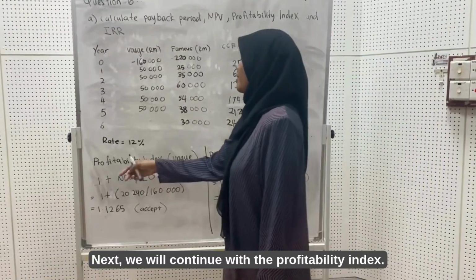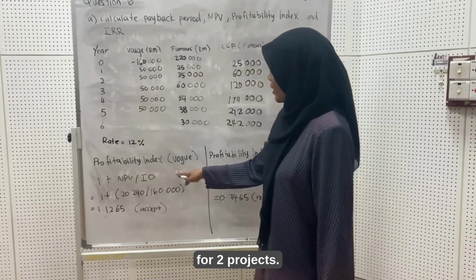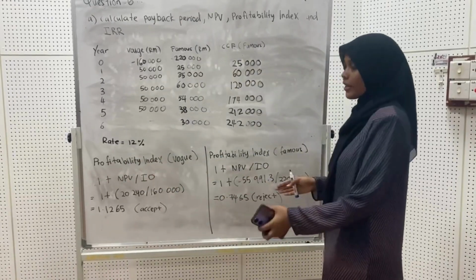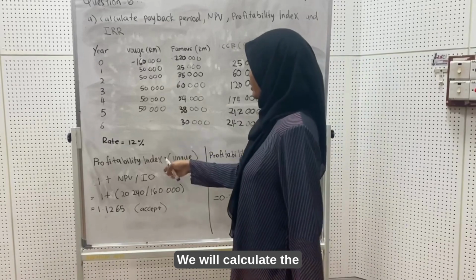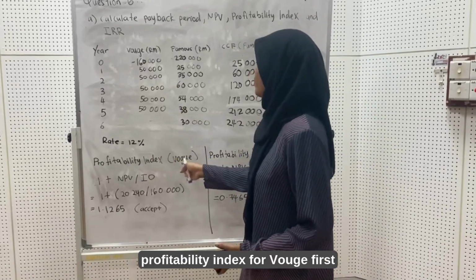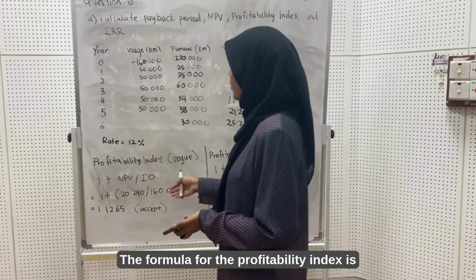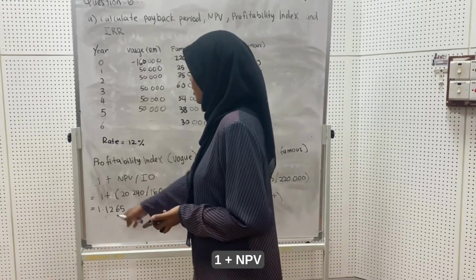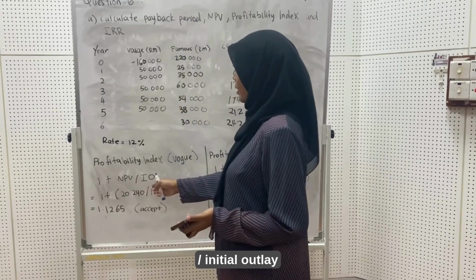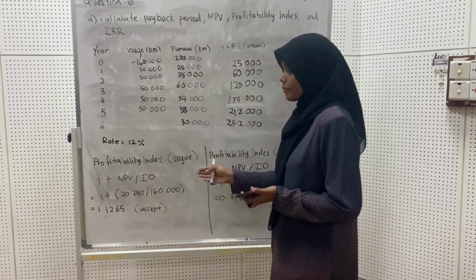So next we will continue with the profitability index for the two projects. We calculate the profitability index for the book first. The formula for the profitability index is 1 plus NPV divided by initial outlay.